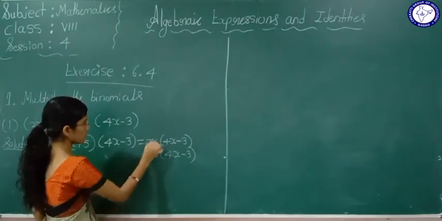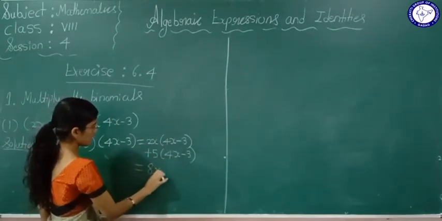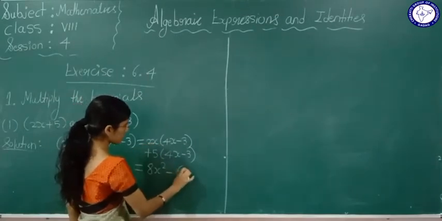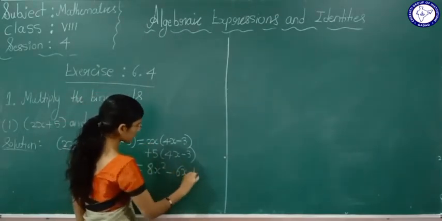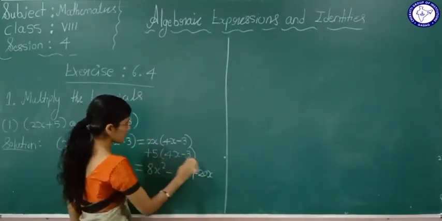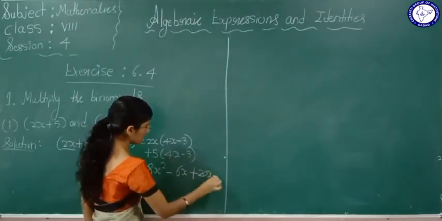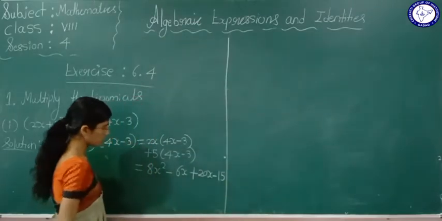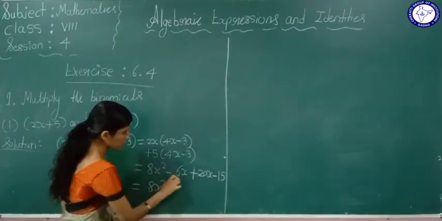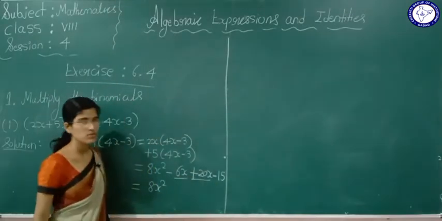Now see, 2 4s are 8, 8x square minus 3 2s are 6x plus 5 4s are 20x plus minus is minus 5 3s are 15. Okay, so what it will become? 8x square minus 6x plus 20x is what, student?